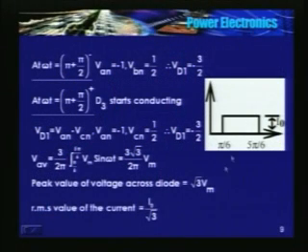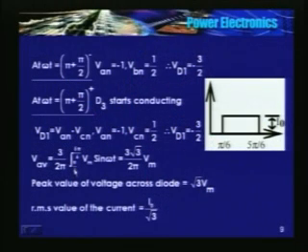And if I assume load current to be constant and ripple free, the RMS value is I0 by √3.